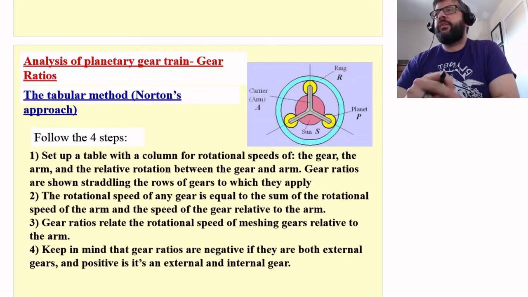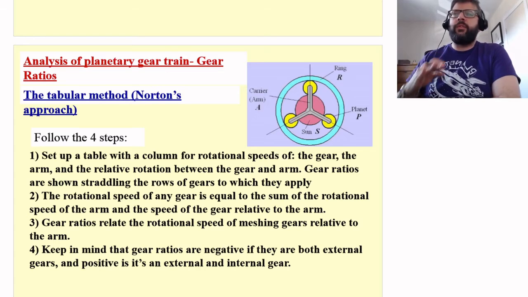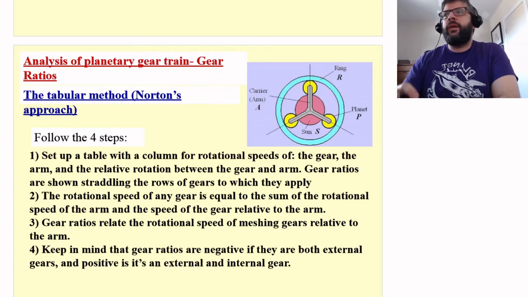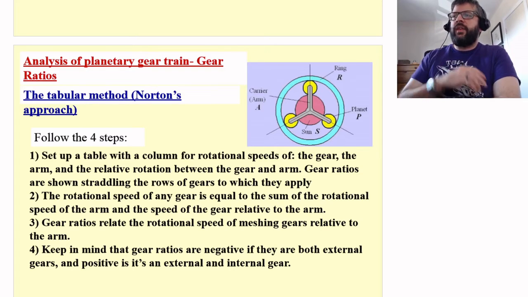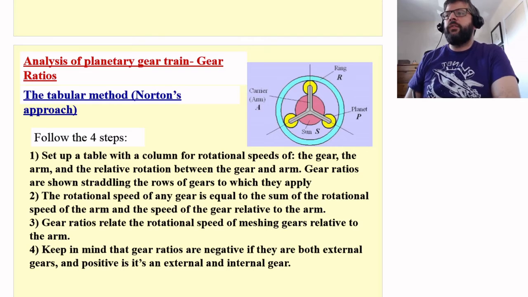The gear ratios that we have are applied to the relative rotational speed of the gears relative to the arm. So basically that third column is what you apply the gear ratio to. Keep in mind, gear ratios are negative if they're both external gears, whereas if you have the ring gear and one of the sun gears, then it's positive. They're rotating in the same direction.